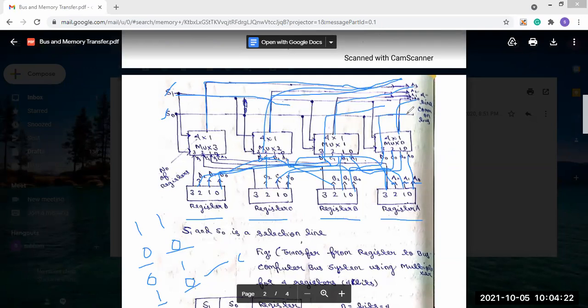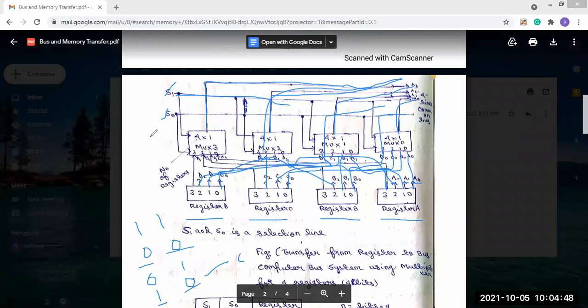So the combinations will be selected like this: D0 will be selected from here, D1 from here, D2, and from here D3. So this is the total circuit.